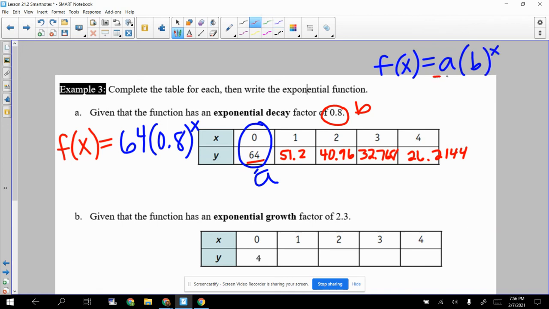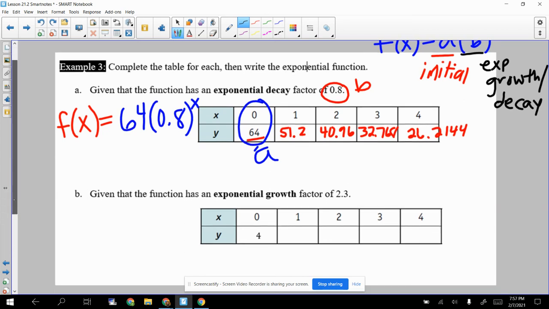So if you want to tell yourself a is the initial term and b is the exponential growth or decay factor, that might be helpful to have written down. Okay, very important there.